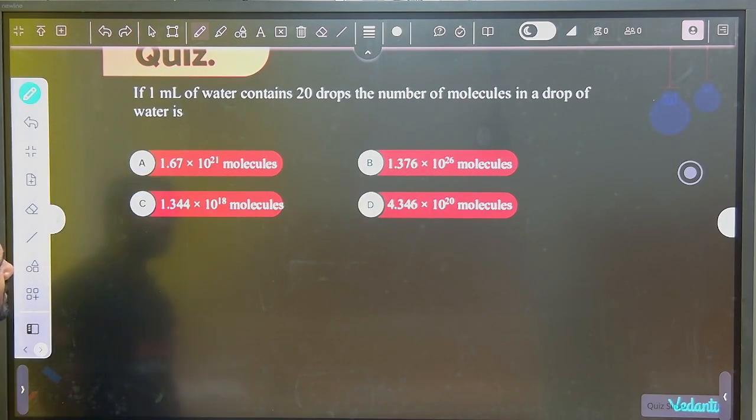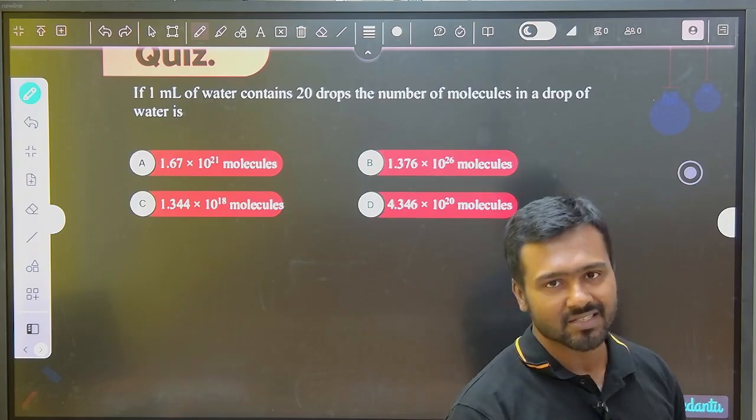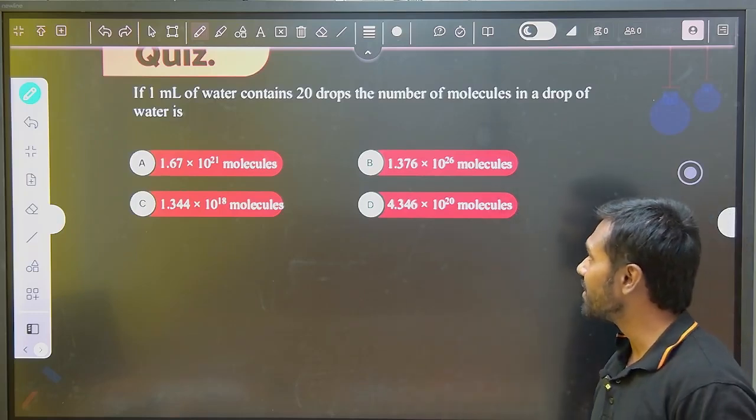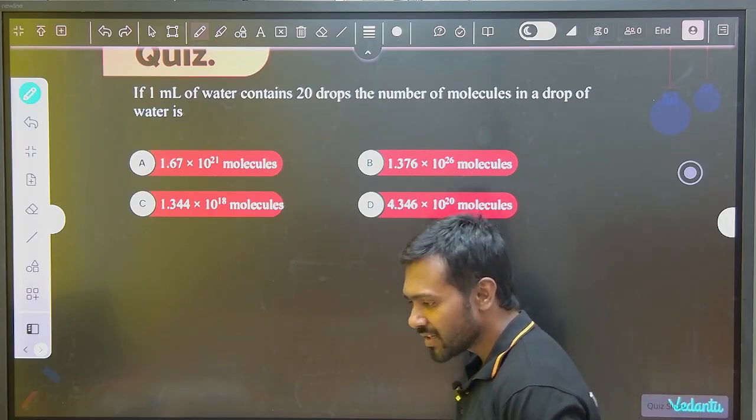One ml of water contains 20 drops. The number of molecules in a drop of water is? So for 1 ml, I think you should know the density. 1 ml of water contains 20 drops.